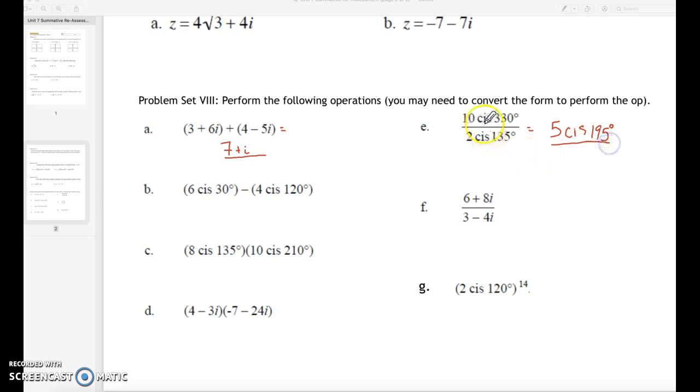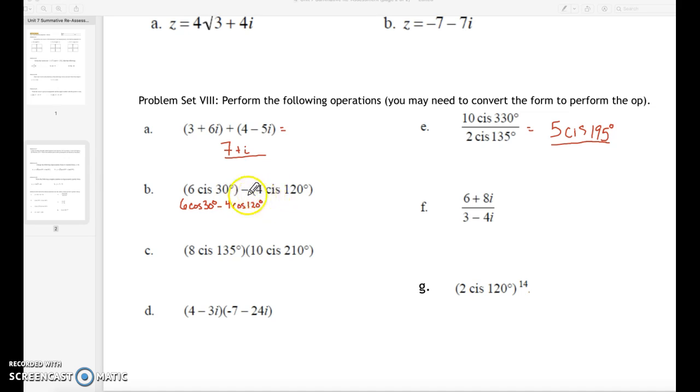Polar form's really nice when it comes to division and multiplication. Subtraction, not so much. So here you're going to want to do 6 cosine 30 degrees minus 4 cosine 120 degrees.